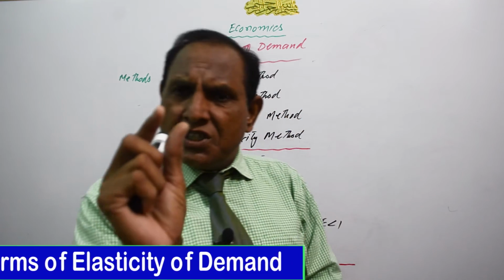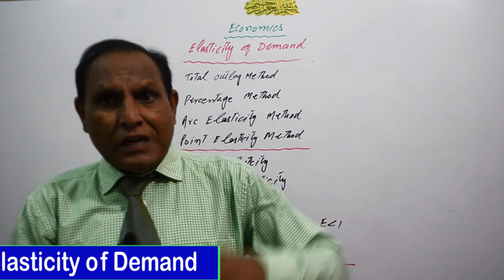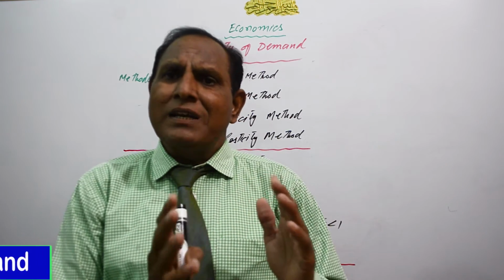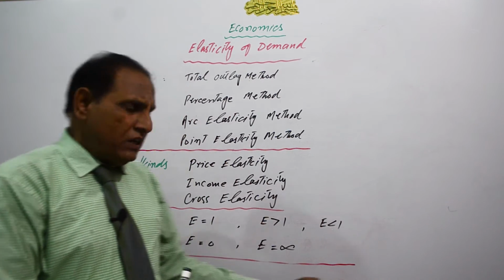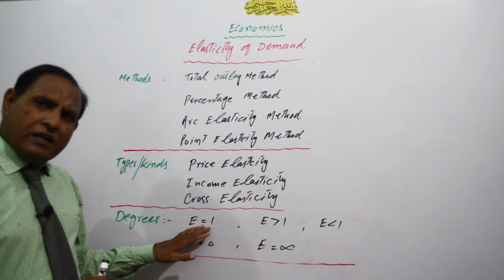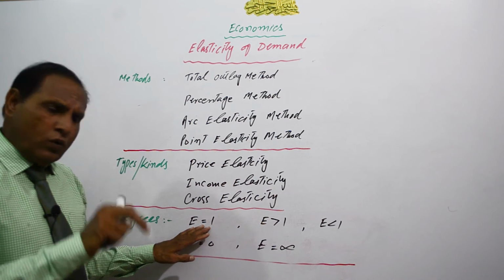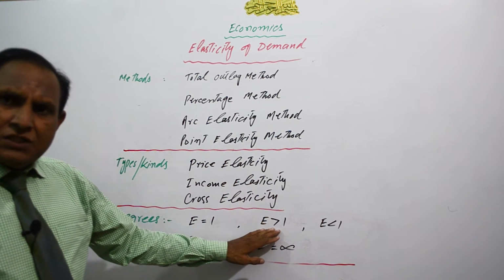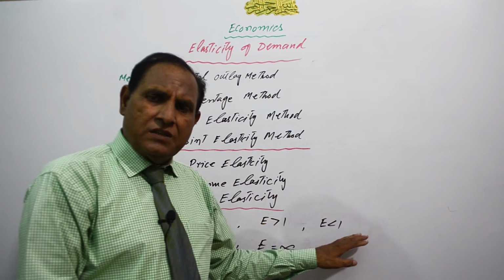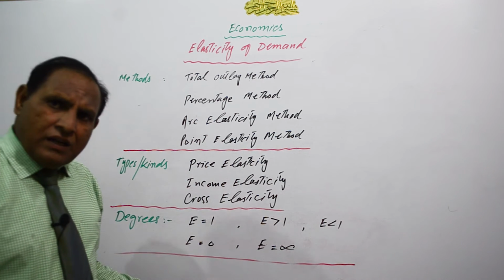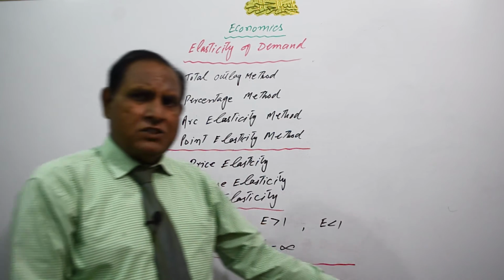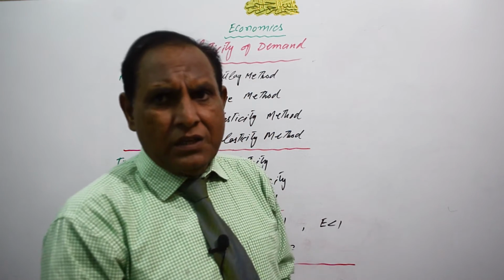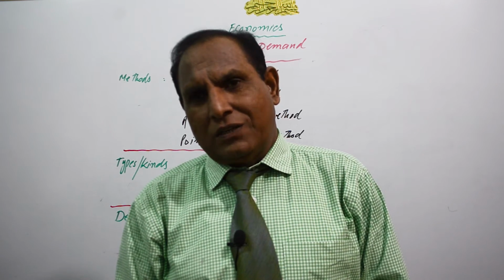If there is a little change in the price of the goods, there is a limitless change in the demand for those goods. This limitless change is known as elasticity equal to infinity. So here both changes are equal, here elasticity will be greater than 1, here it will be less than 1, here there will be no elasticity, and in this last case there will be limitless elasticity.